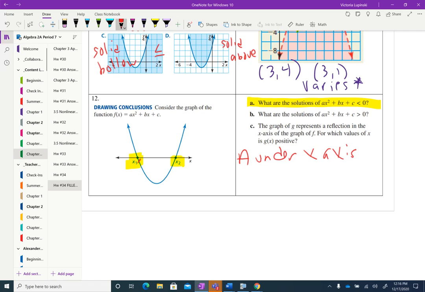So the graph is under the x-axis everywhere that I made red. So starting at x1, ending at x2, that's interval notation. Remember the first answer, comma, the second number. And the reason why it's parentheses is because there's no equal to. If there's no equal to, you use parentheses instead of a bracket.